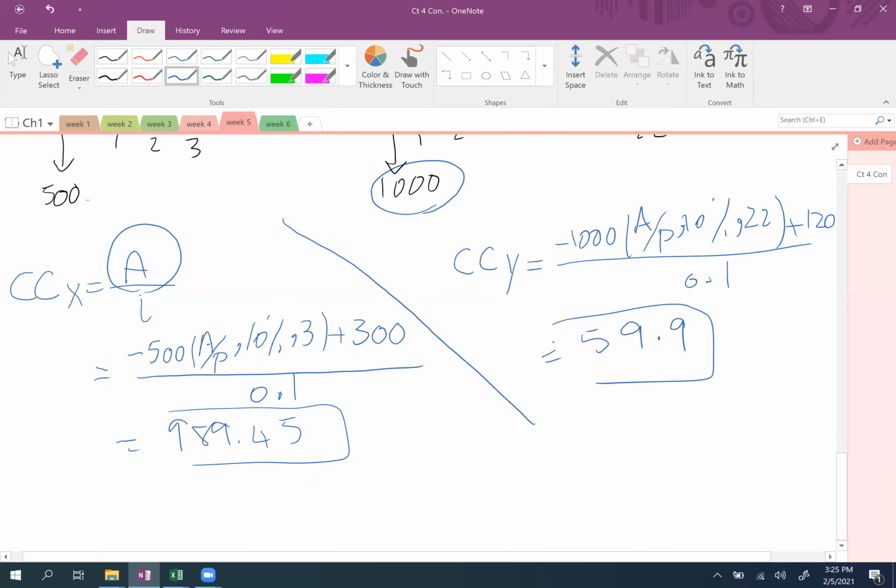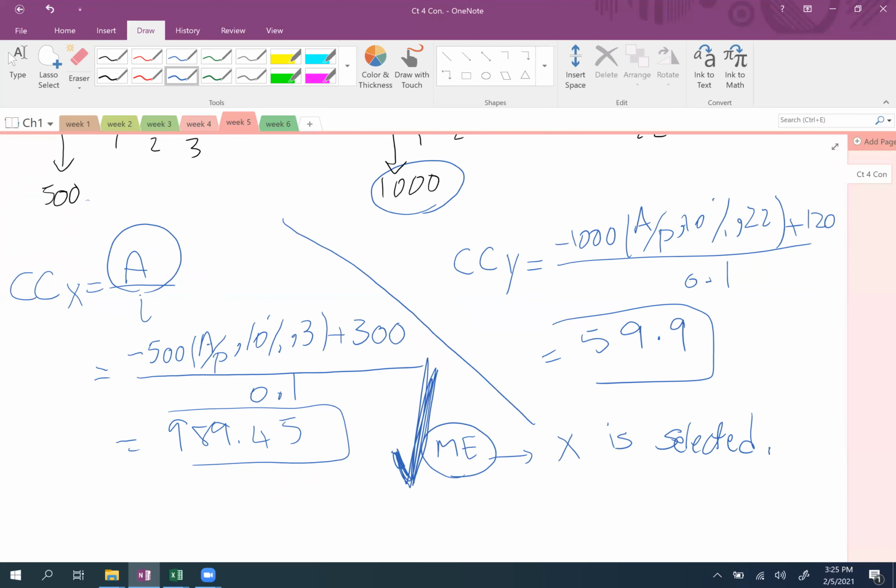I'm not very sure about this, but it seems that this alternative X, if the projects are mutually exclusive, will be selected. I will select X when I compare these alternatives. So alternative X will be selected.